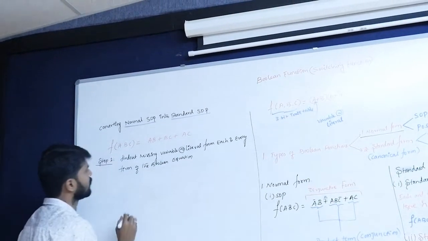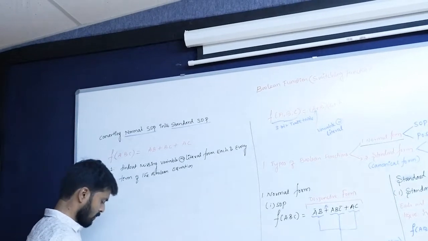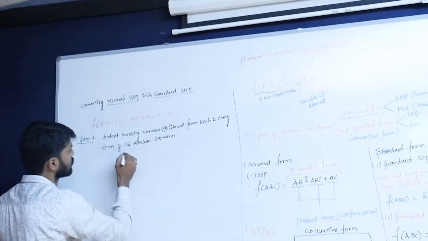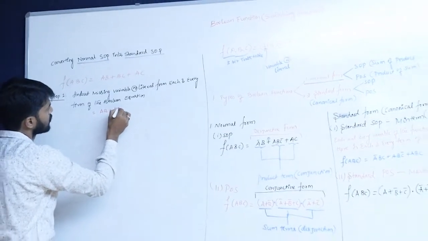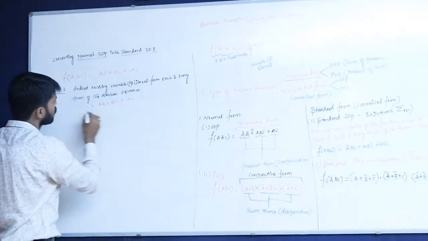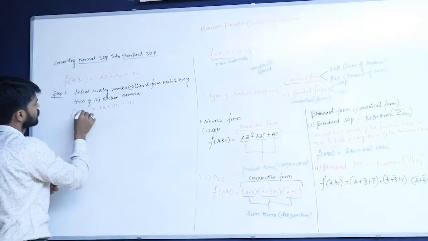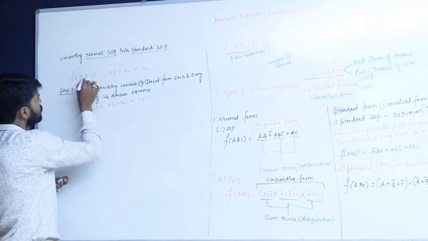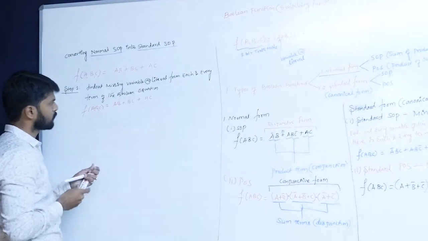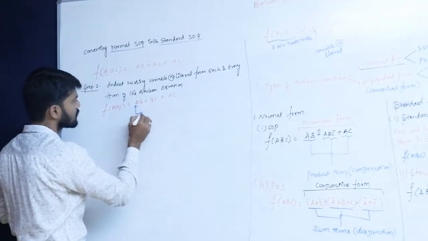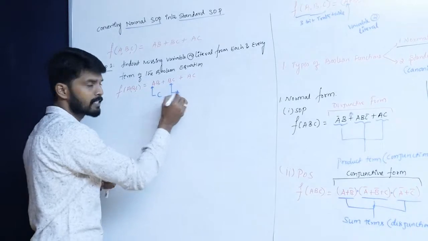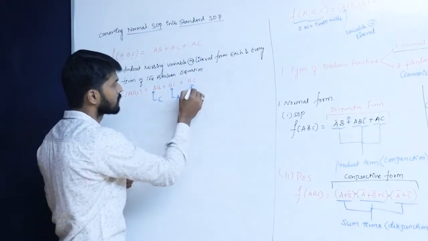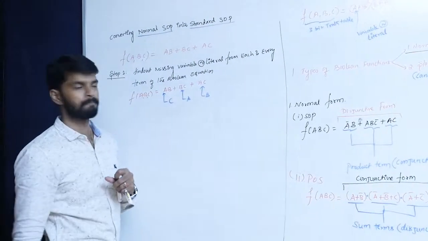So in this equation, AB plus BC plus AC, what is the missing term in each case? It's very easy to find. In AB, C is the missing term. In BC, A is the missing term. In AC, B is the missing term.